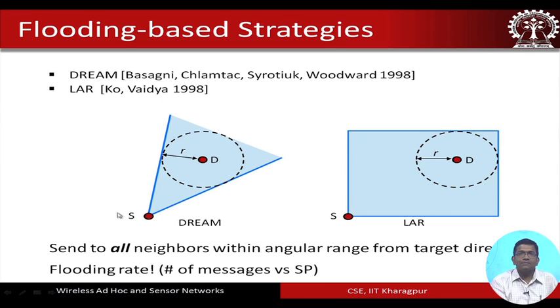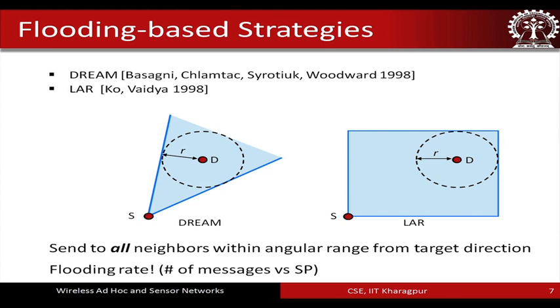From this particular figure itself, it is quite clear that an angle is made around the range of the intended destination node, and all nodes that fall within this angle are going to be flooded with the message that the source node S has and intends to send towards the destination node D.